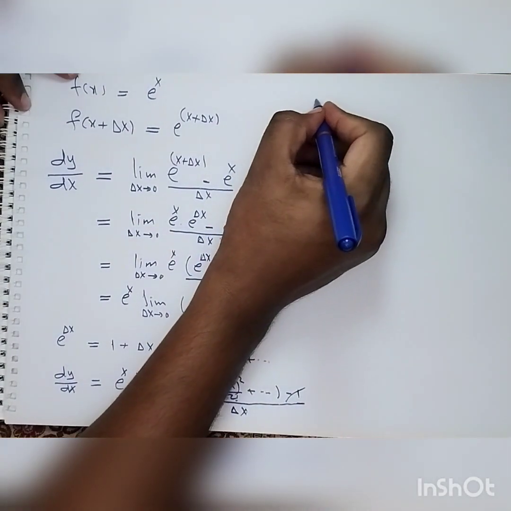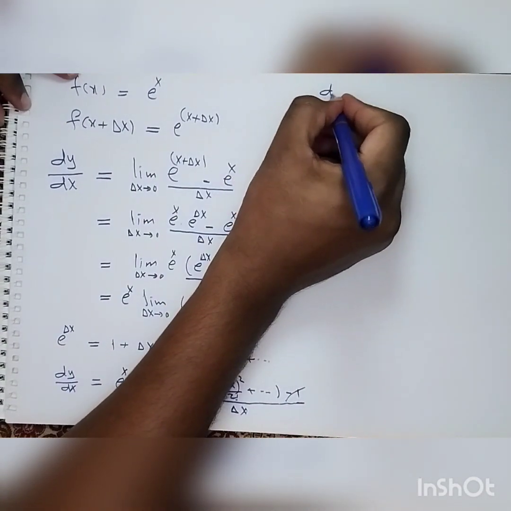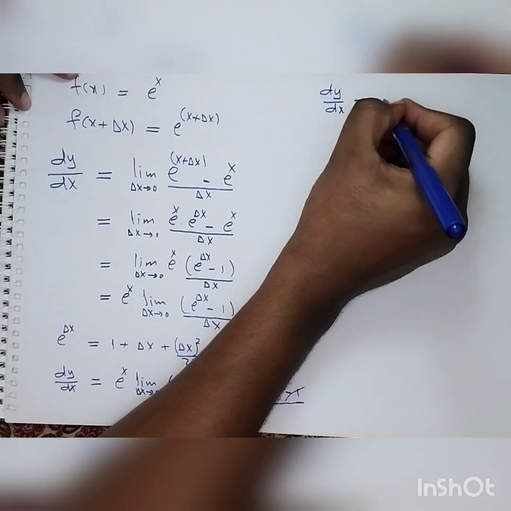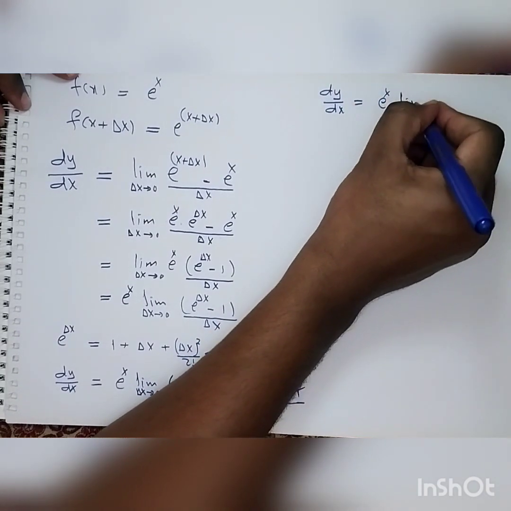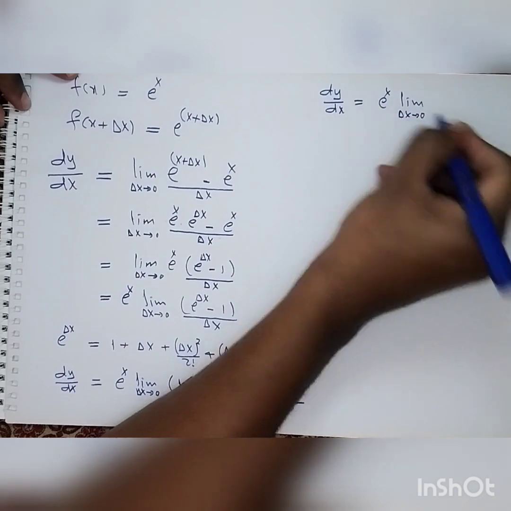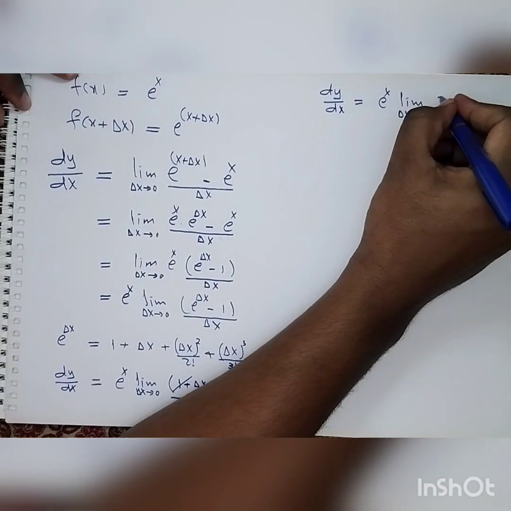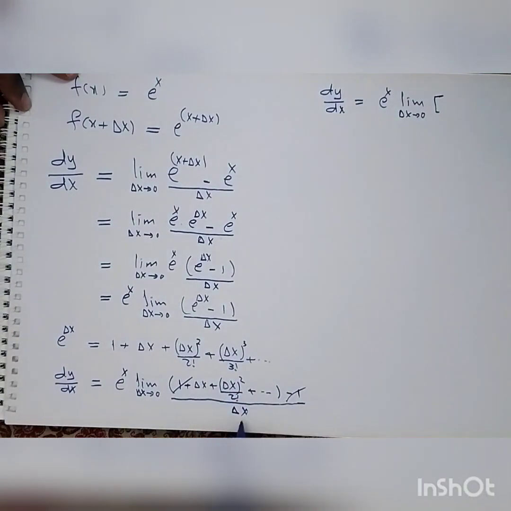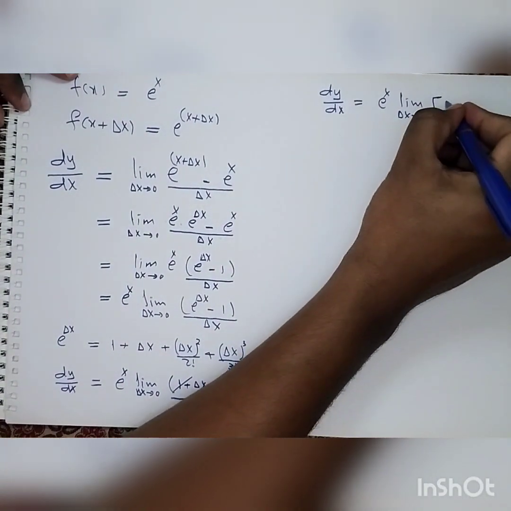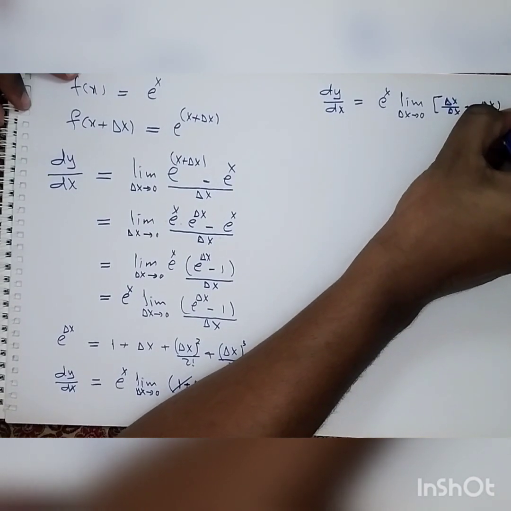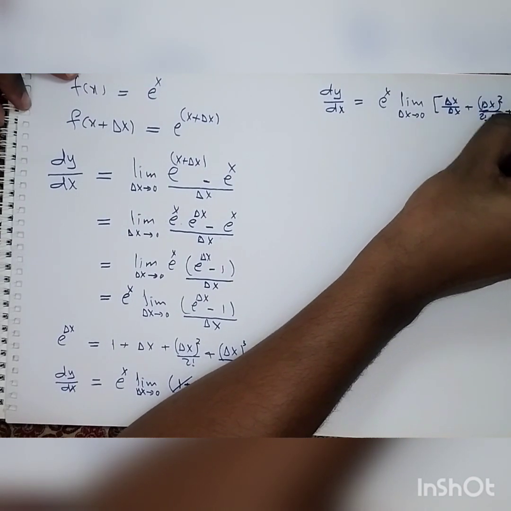And now we have dy by dx. That will be equal to e to the power x limit as delta x approaches 0. So now we can distribute. We have delta x divided by delta x plus delta x squared over factorial 2 divided by delta x, and then we continue.